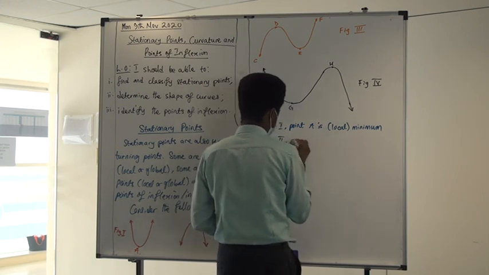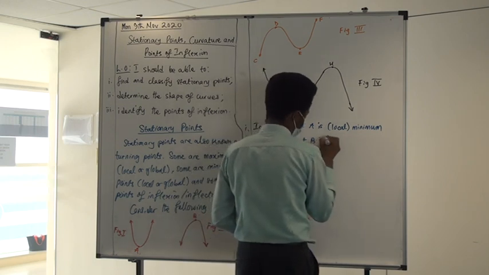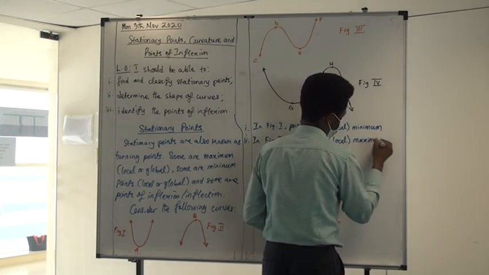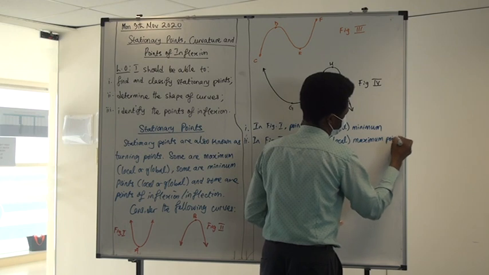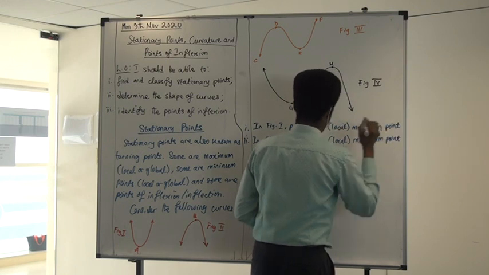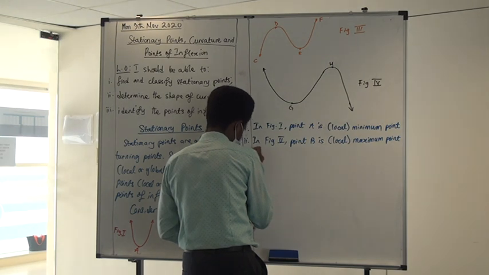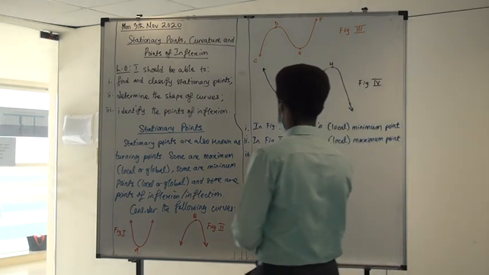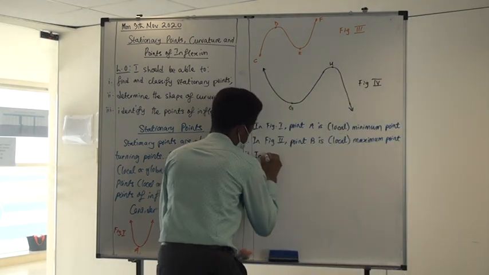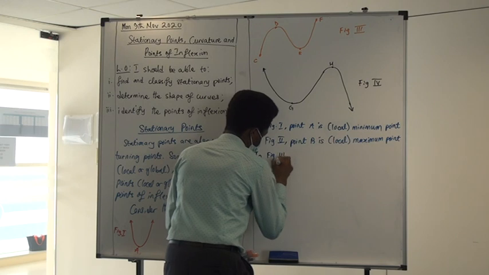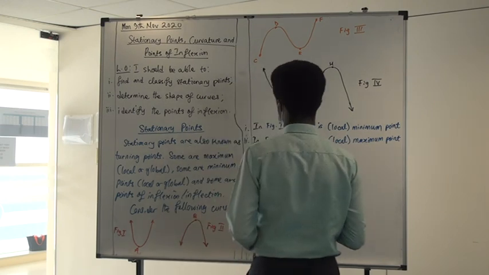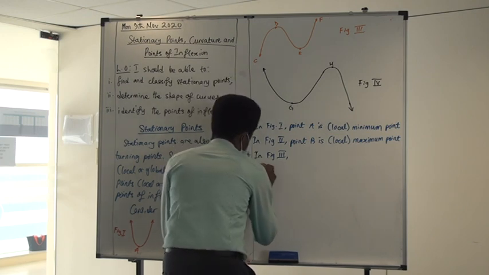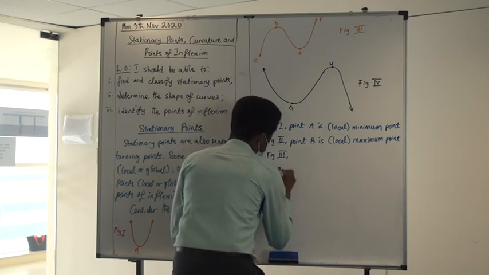In figure 2, point B is the local maximum point. Figure 3: C is global minimum.